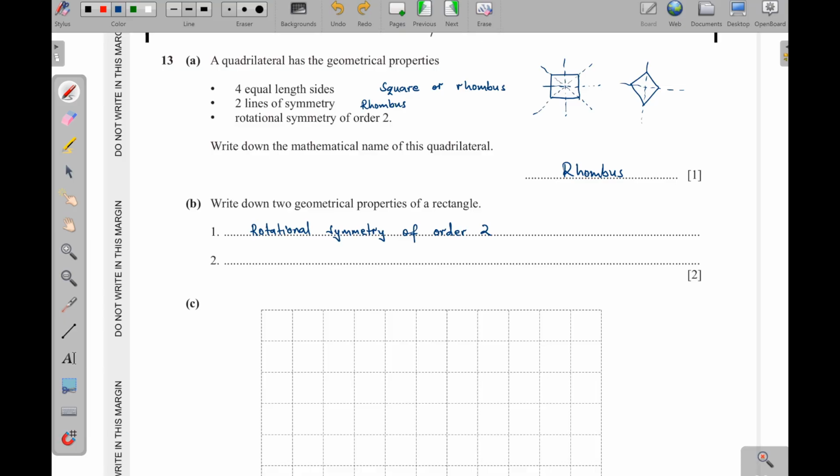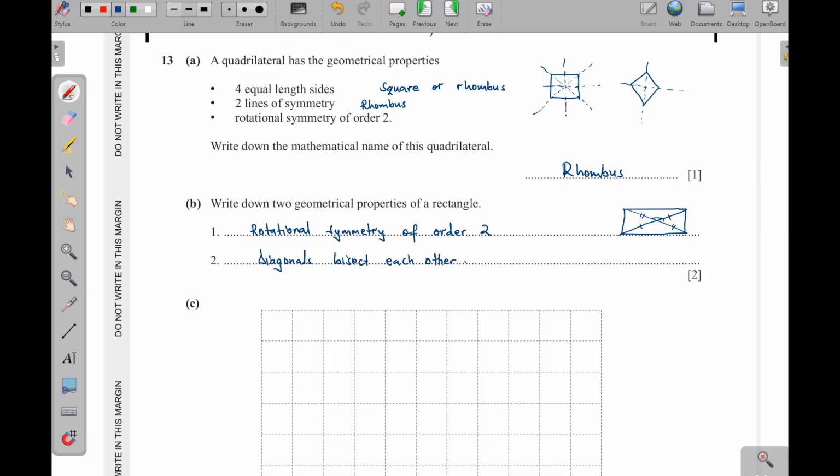Then also in a rectangle, if I talk about diagonals, these diagonals bisect each other. So this one has to be equal to that, and this one is equal to that. So that's another property: the diagonals bisect each other.